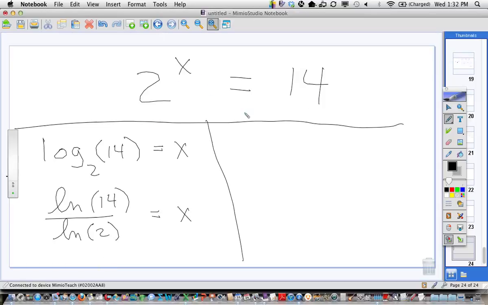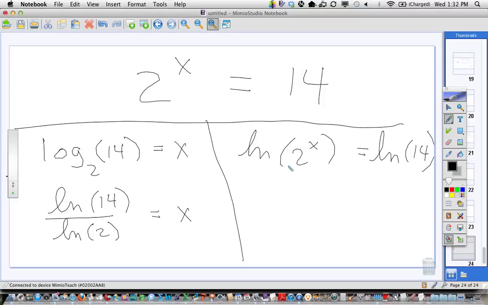Now, here's another way we could solve that problem. And actually, I like this better because I think it's more versatile and it works on more problems, is we can do the natural log of both sides. I use natural log because that's the log we usually work with. So I'm going to do the natural log of both sides. Okay? Now, on the left side, I can use one of the properties, and we're going to review the others. One of the properties of logarithms, you remember this? You can bring the x down in front.